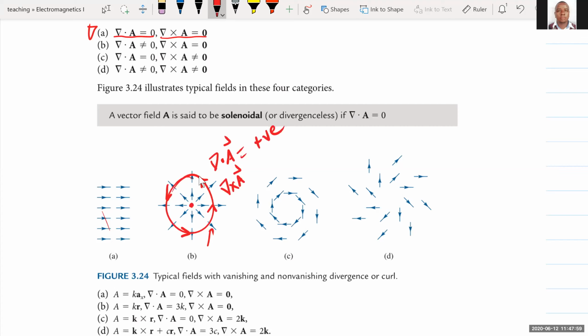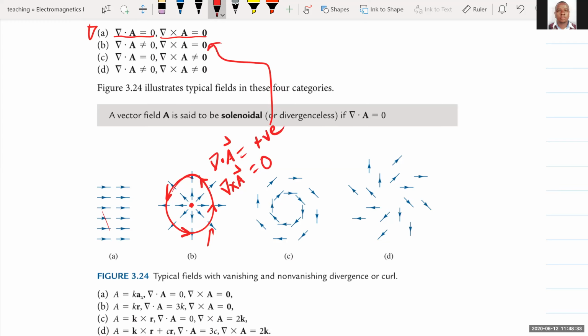And therefore, you can simply say that since there is no element of that vector going along my loop or my surface, the curl of A is 0. And that again guides us to agree that the curl is 0, but the divergence is not 0.